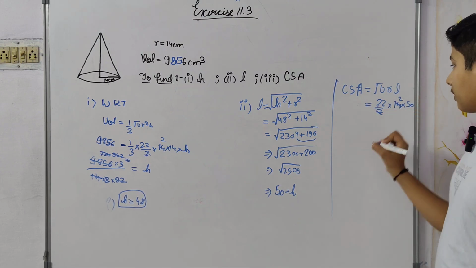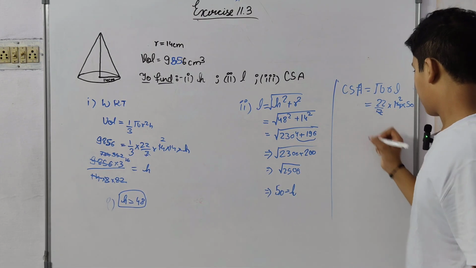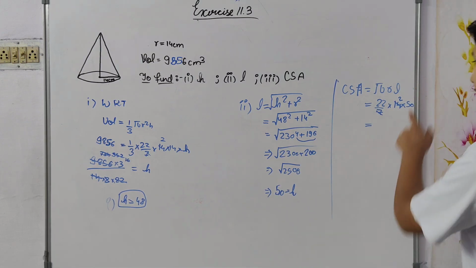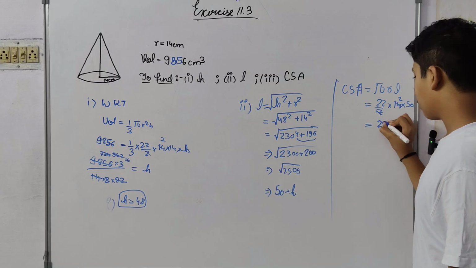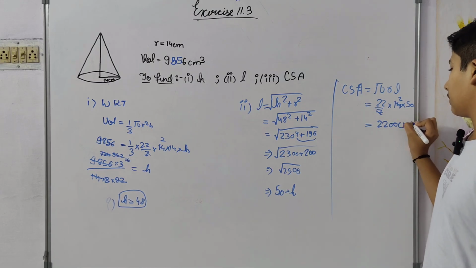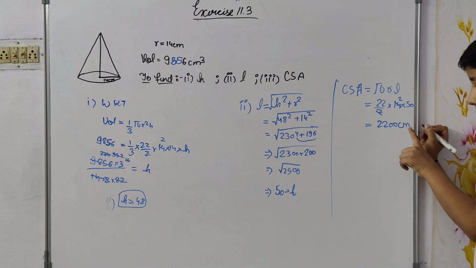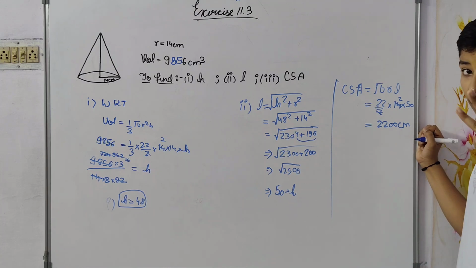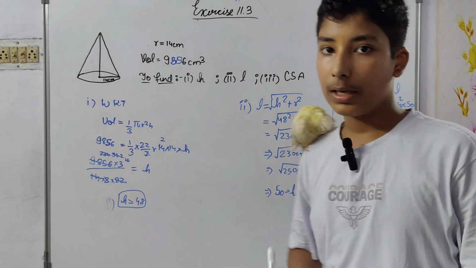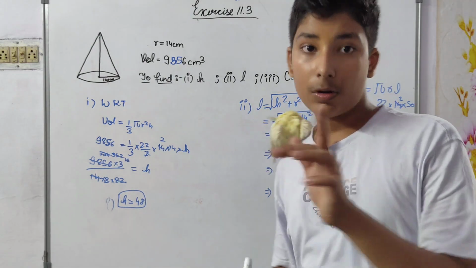So when we cancel this, it would be 2 times. So 50 into 2 is 100. 2200. Simple. Very simple. Centimeter. What? Centimeter cube or square? It would be square. Why? Because CSA is always the area. Curved surface area. It is not volume.